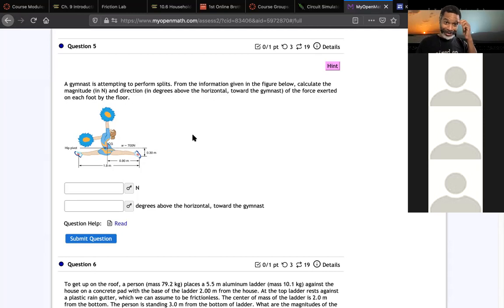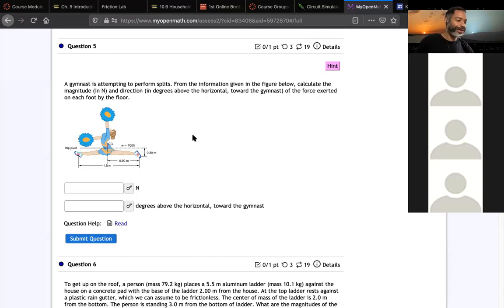So the gymnast is performing the split, and so in the figure below, they give information. So we must calculate the magnitude in newtons and the direction in degrees above horizontal toward the gymnast for the force exerted on each foot by the floor.